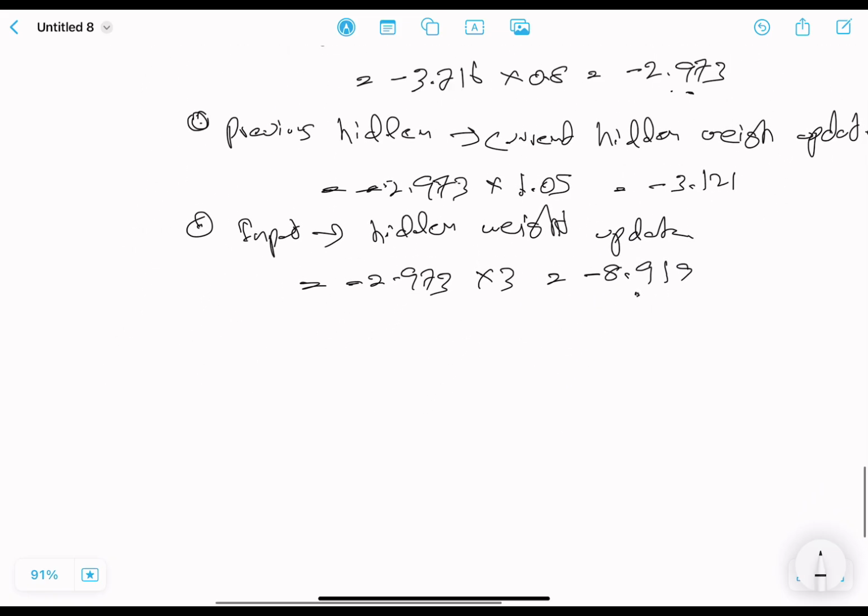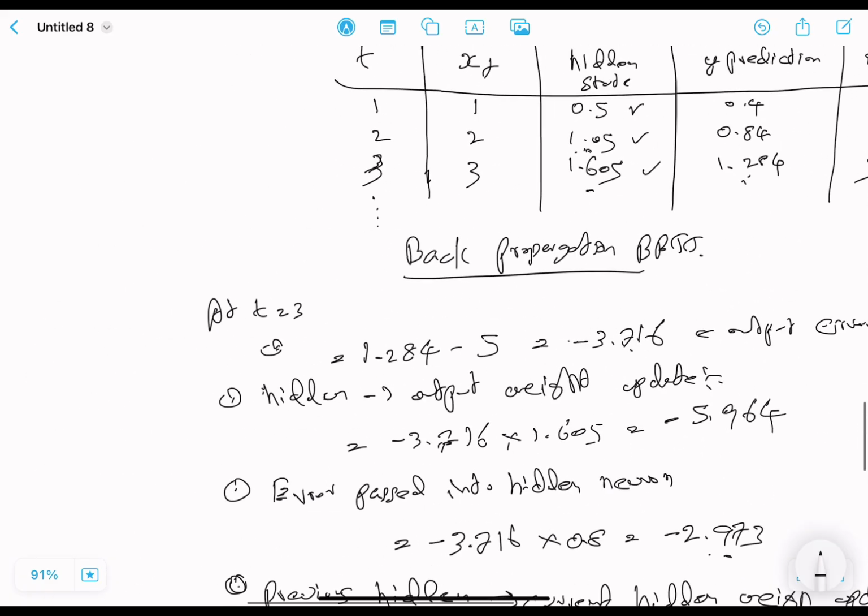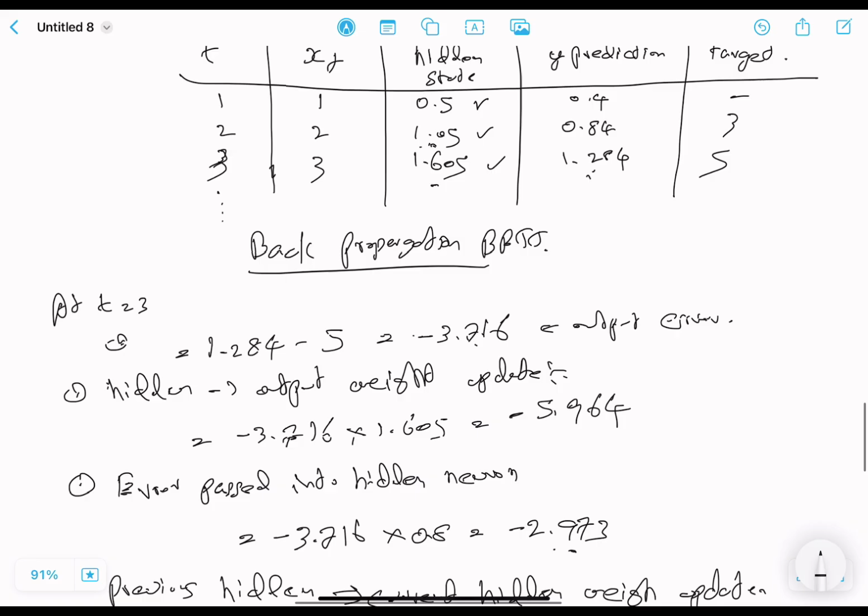Okay, so likewise let's calculate the same things for time step 2 as well. At t equals 2, let's calculate the output error, dy2: 0.84 minus 3, which is minus 2.16.